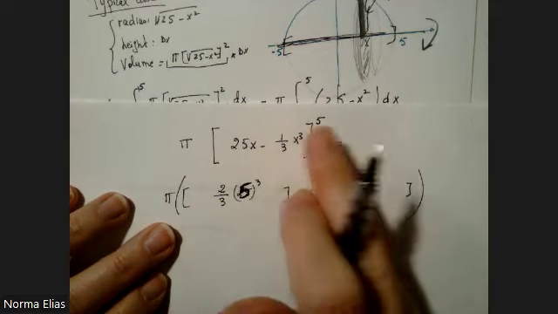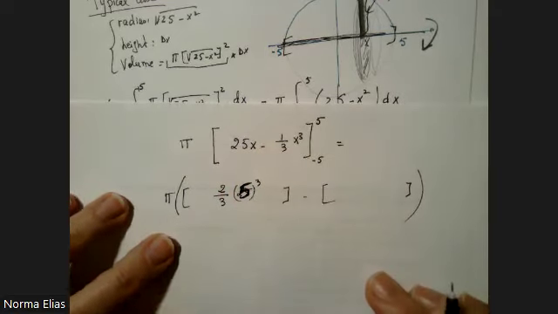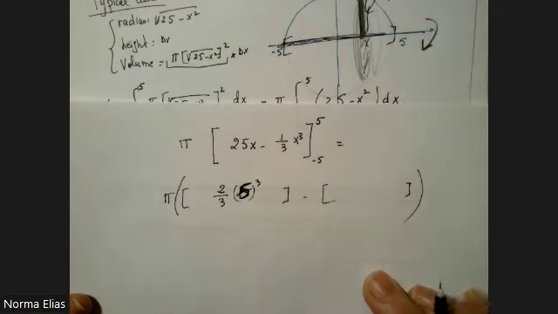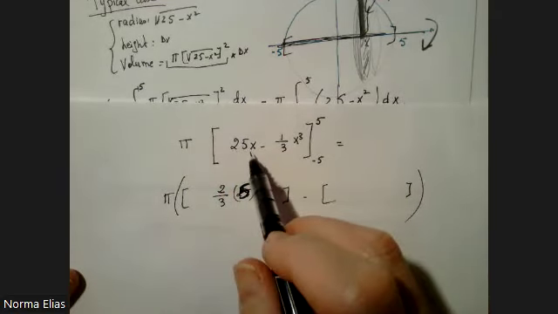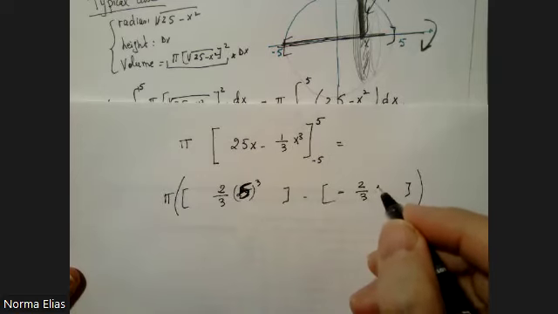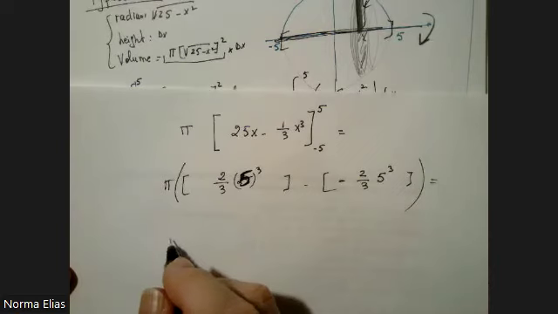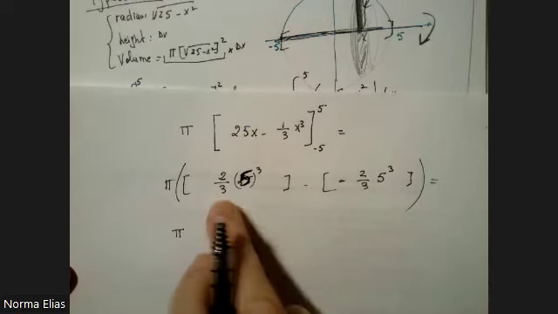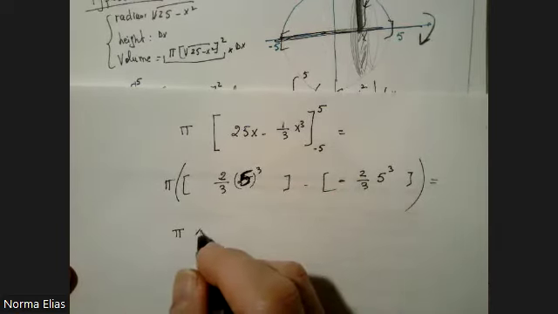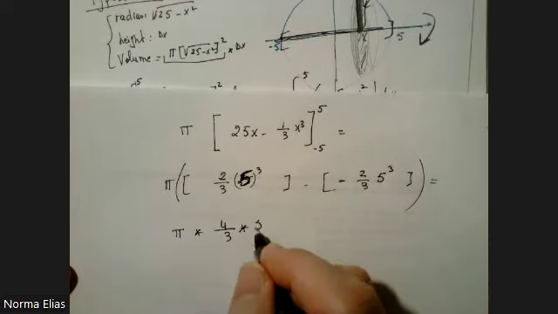Because here I have 25 times 5, that's 5 to the 3, minus 1/3, 5 to the 3, which will give me 2/3, 5 to the 3. Right here, I will have minus 5 to the 3, and a minus is going to give me minus 2/3, 5 to the power 3. If you don't believe me, just do the math again. So it's equal to pi times 2/3 minus minus 2/3 will give me 4/3 times 5 to the power 3.